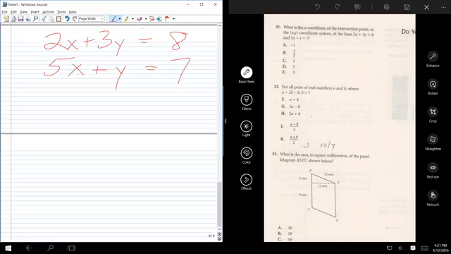So how do I eliminate a variable? What's the easiest way to eliminate a variable? It doesn't really matter whether we eliminate x or y. It does ask for x, so if I can eliminate y, I can save myself a step. What would I have to do to eliminate y? This is equation number 1. This is equation number 2.